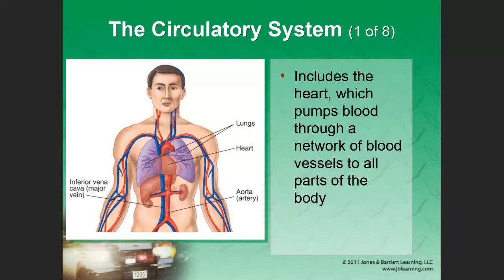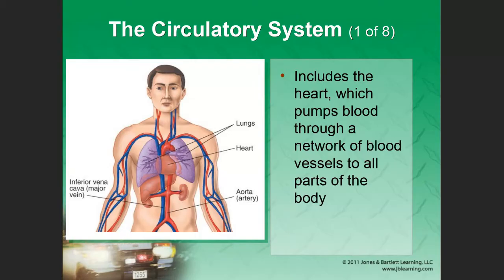The pulmonary veins are the veins that will take the oxygenated blood from the lungs to the left side of the heart. The right side of the heart is responsible for the movement of deoxygenated blood, and the left side is responsible for the movement of oxygenated blood.